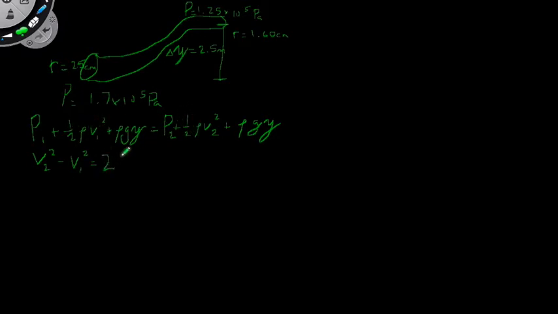So I do 2 times, and you should be familiar with at least this first part. We've done this before with the delta P. I'm always just going to put delta P there because I don't want to write too much. Divided by the rho, and in this case we don't know this. The rho of water, which you should be familiar with right now, is 1,000 kilograms per cubic meter.